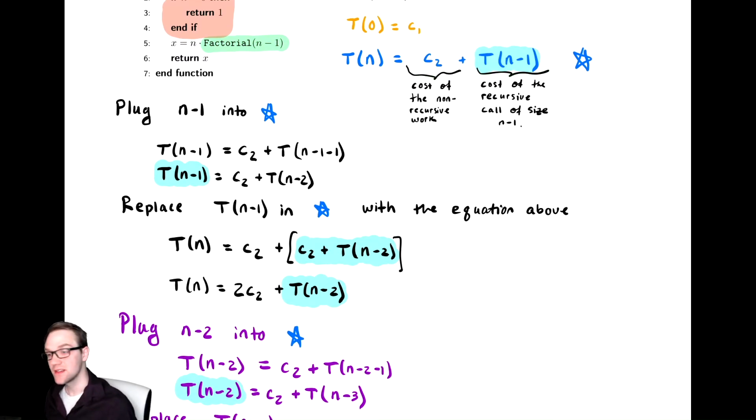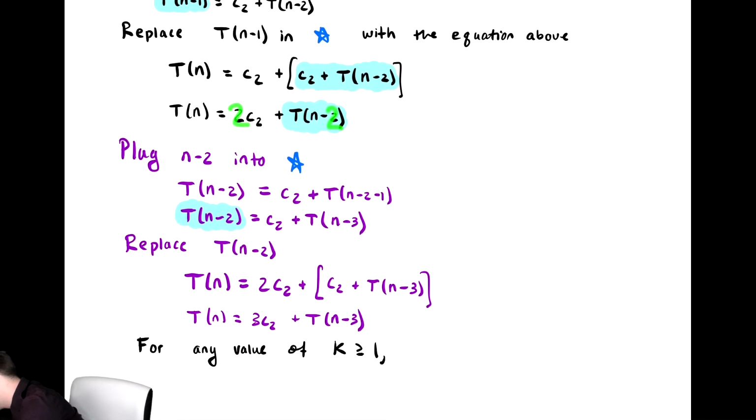If you notice, there's some nice things occurring in this. In the first equation, we have 1 being subtracted and 1 multiplying c2. In the second equation, we had 2 being subtracted and 2 multiplying c2. In the third equation, we had 3 being subtracted and 3 being multiplied by c2.